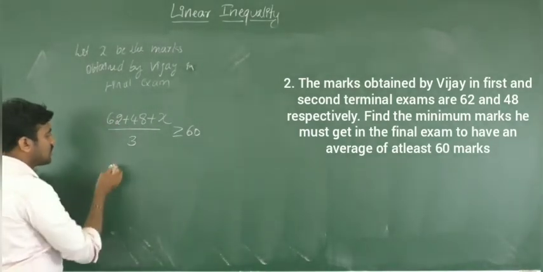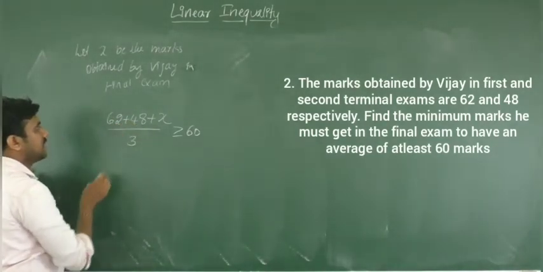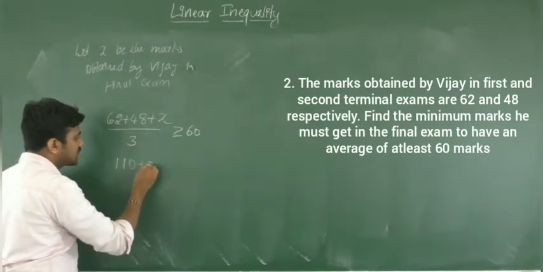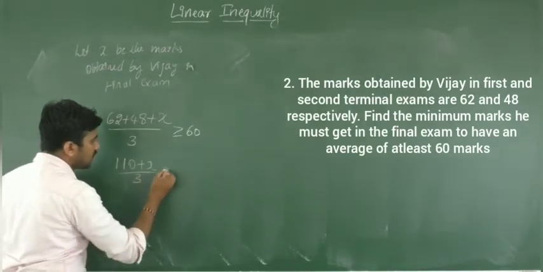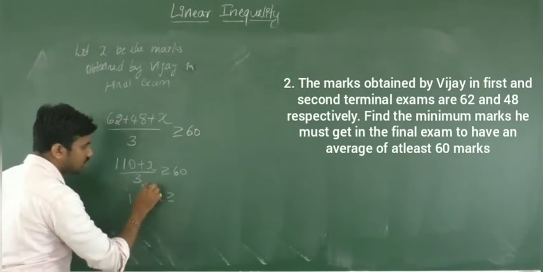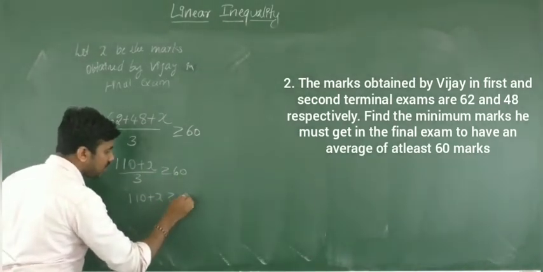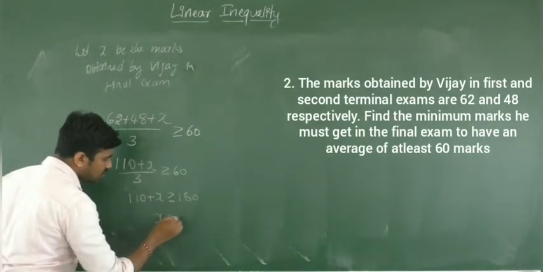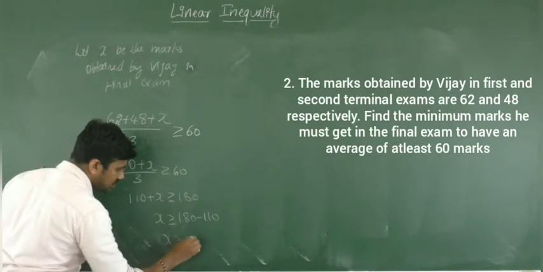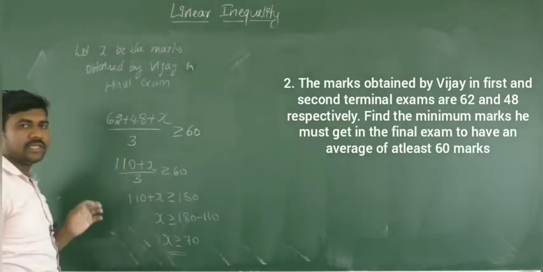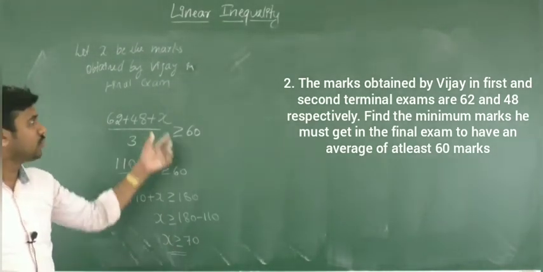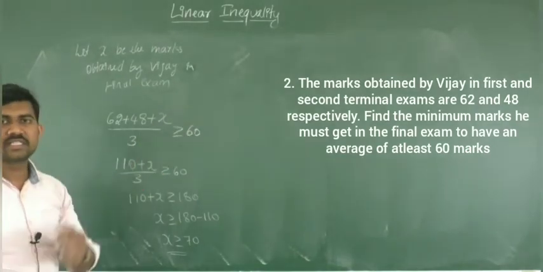So solve this. 62 plus 48 is 110, so (110 plus x) divided by 3 is greater than or equal to 60. Cross multiply: 110 plus x is greater than or equal to 60 into 3, which is 180. So x is greater than or equal to 180 minus 110, so x is greater than or equal to 70. So here Vijay must get minimum 70 marks to have an average of 60 marks.